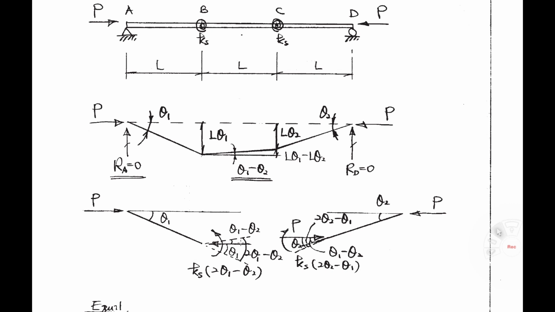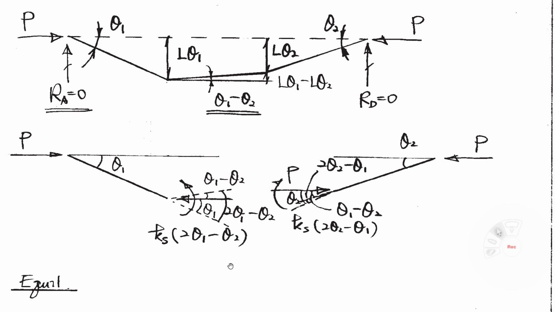You consider it like that. If this BC is straight, there is no rotation between this AB member and BC member. But as you see, it is not straight. It moves. That amount is some rotational angle. As you see here, it is somewhat complicated. If you make this horizontal line, this is theta 1, then this is theta 1.